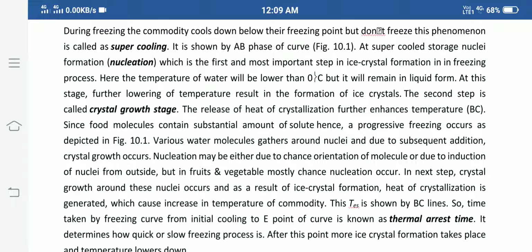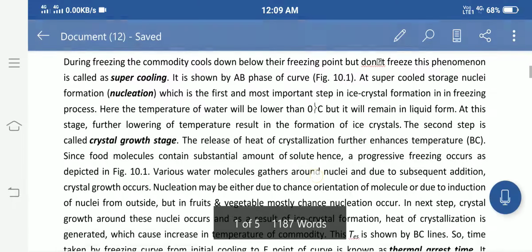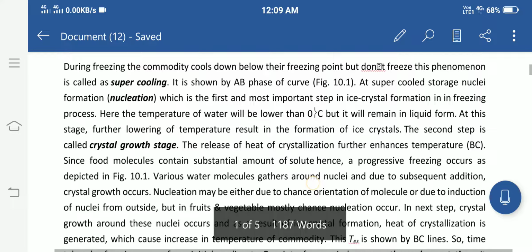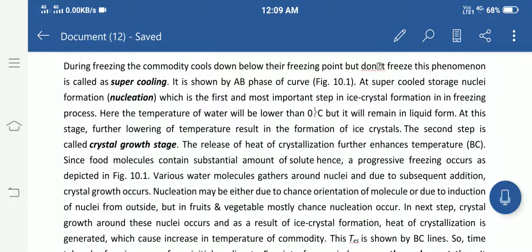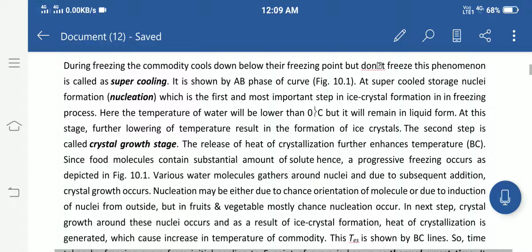Why is it important? Because within the structure of water, first an ice crystal nucleus is formed.